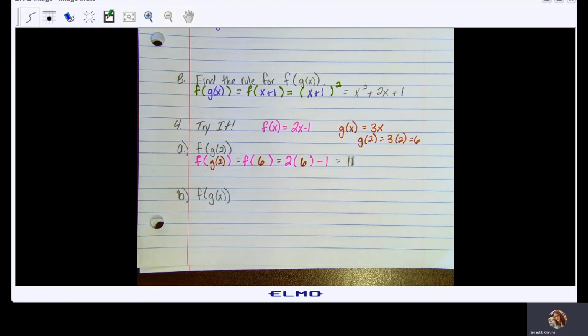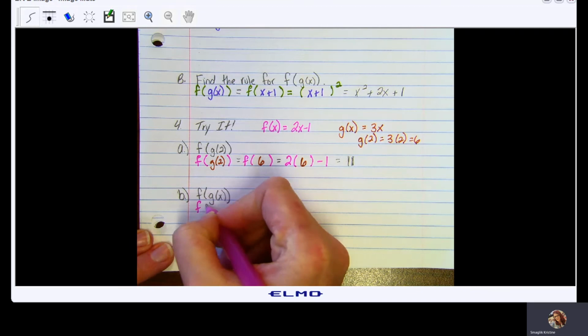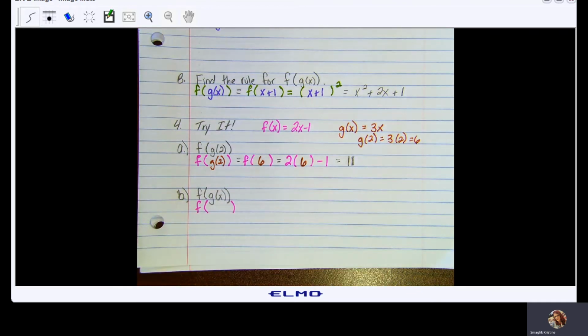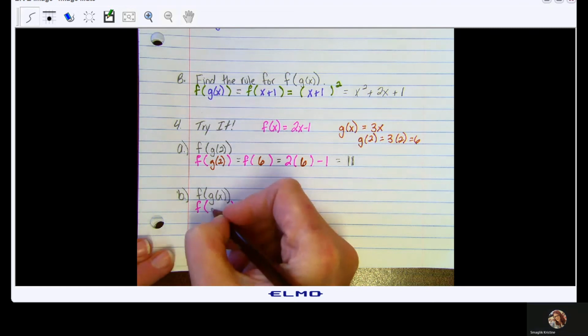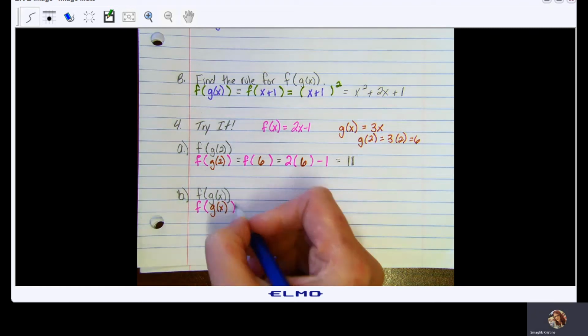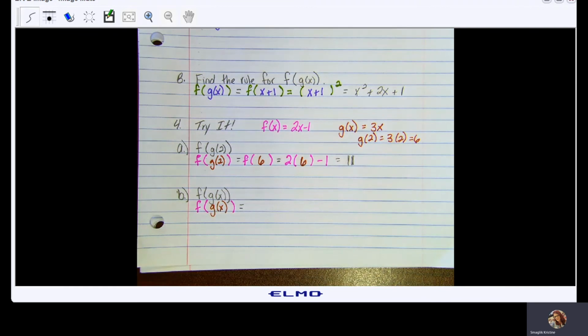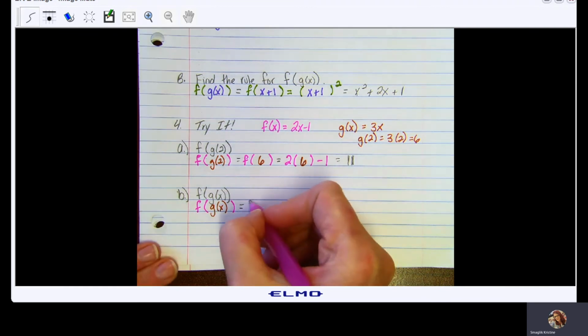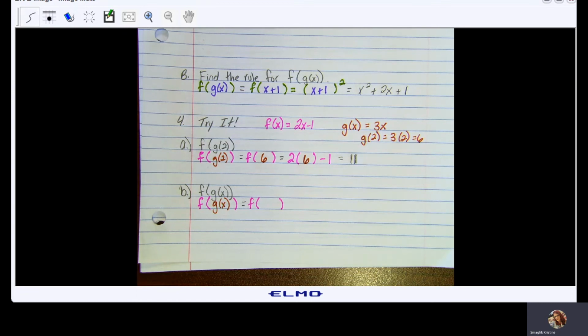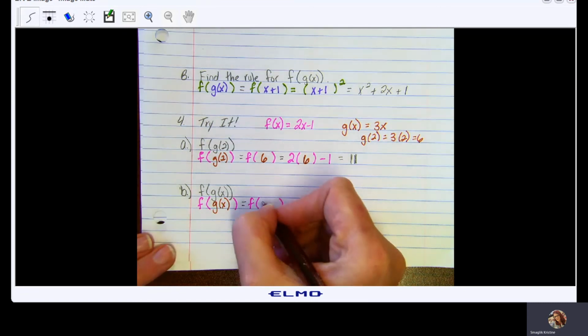And now B, f of g of x. So we would have your function f. Your input is going to be g of x. So we have f. g of x is 3x.